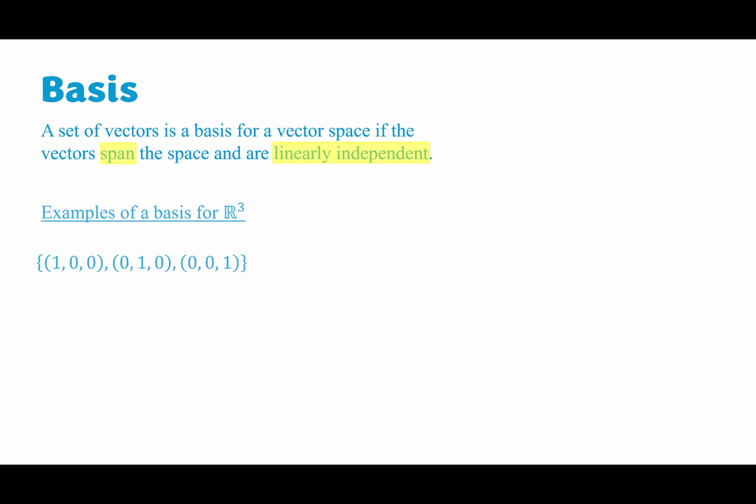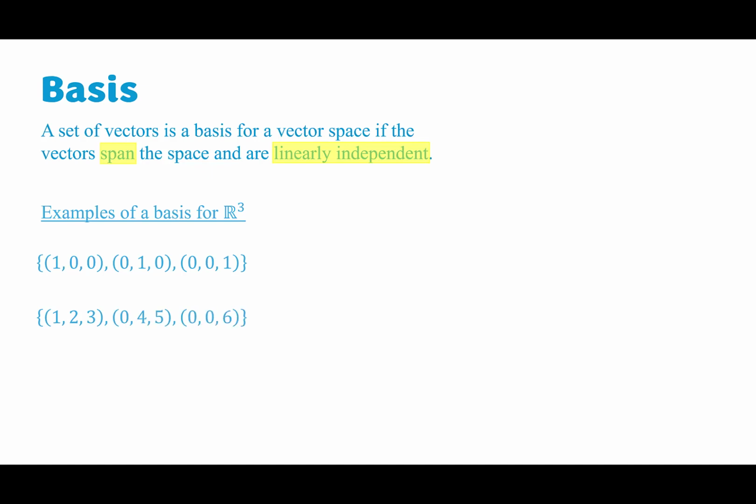In other words, I can look at all linear combinations of these three vectors, and that would give me all vectors in R3. And I can't write one of these vectors in terms of the other two. I can't write one vector as a linear combination of the others, so that means they're independent. Since they are linearly independent and they span R3, these three vectors are a basis for R3.